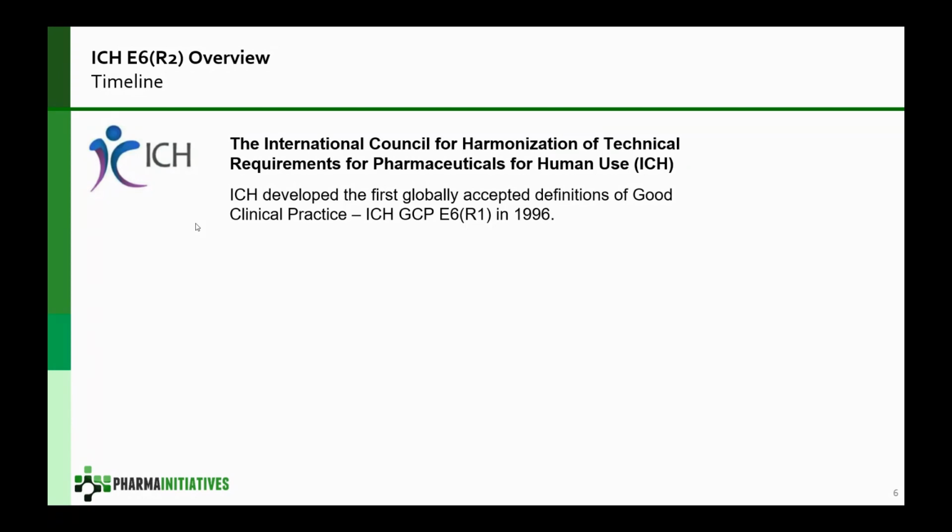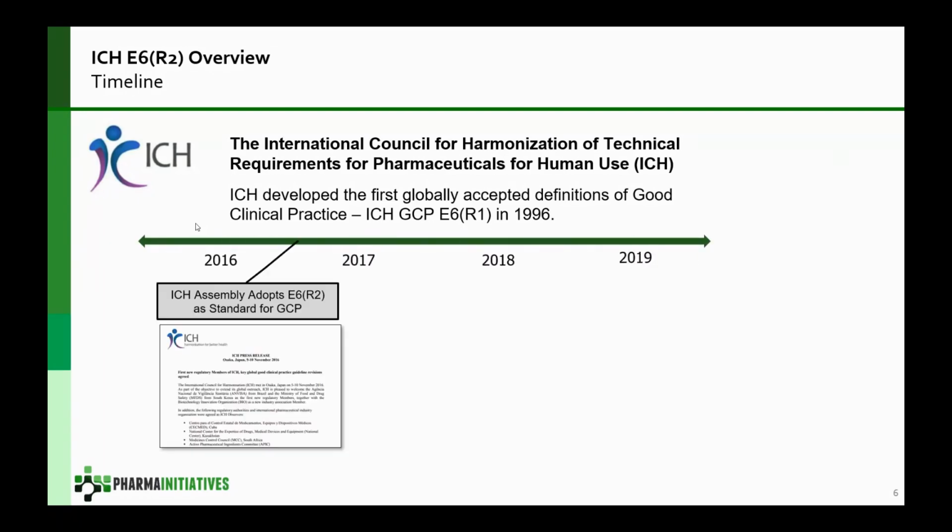ICH formally defined GCP in what was at the time E6, but became E6R1 when R2 became a thing in 1996. It took a full decade for them to adopt the second version of that, which is E6R2, which they did in 2016.